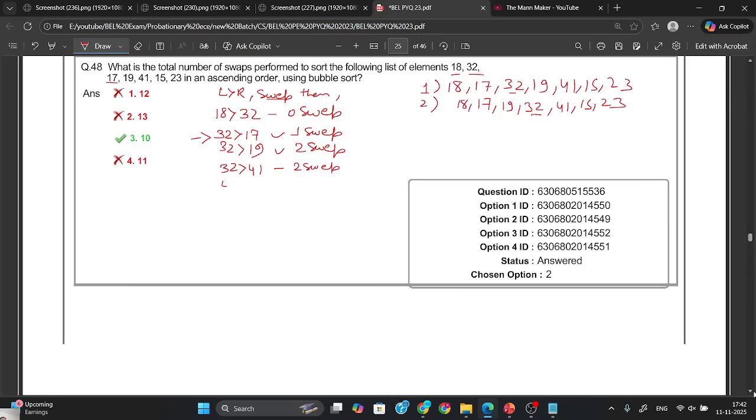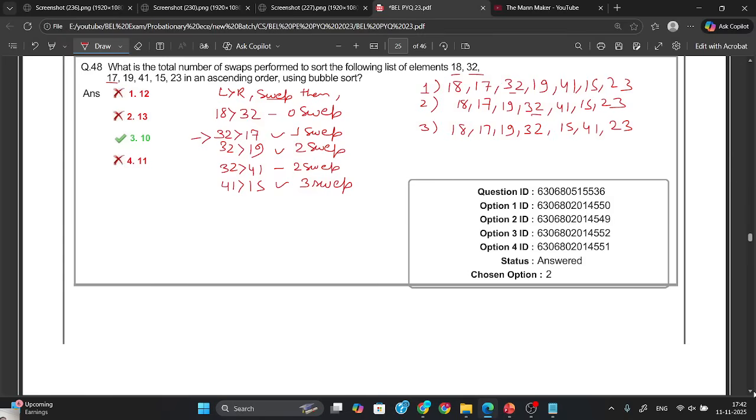Then we compare the next one, 41 and 15. The condition is satisfied, so we need to swap. This is the third swap. Now it is 18, 17, 19, 32, and the swap happened here: 15 and 41, and then 23.